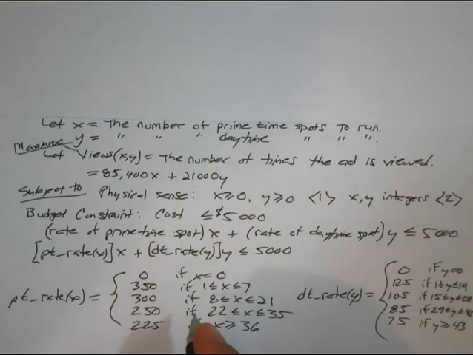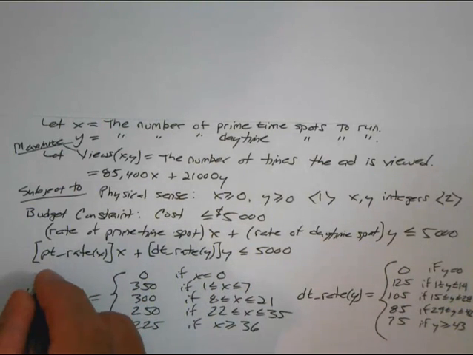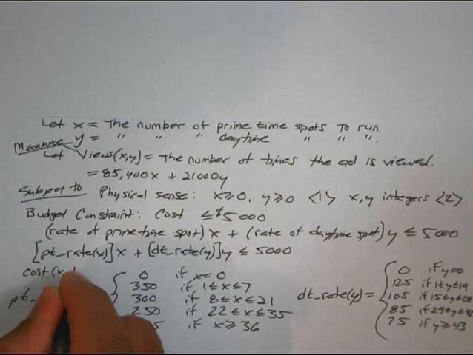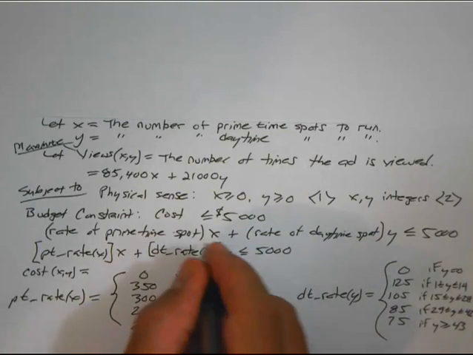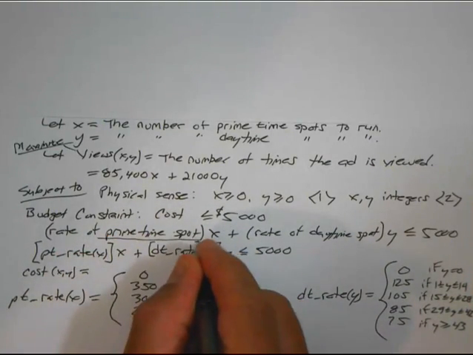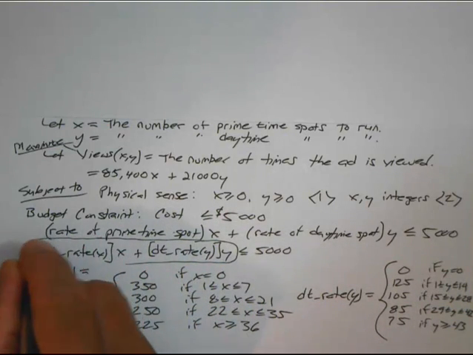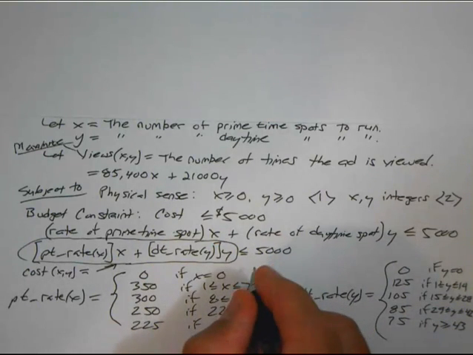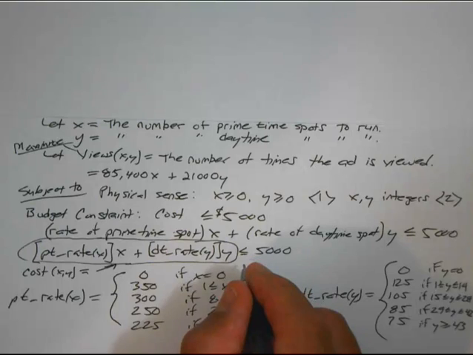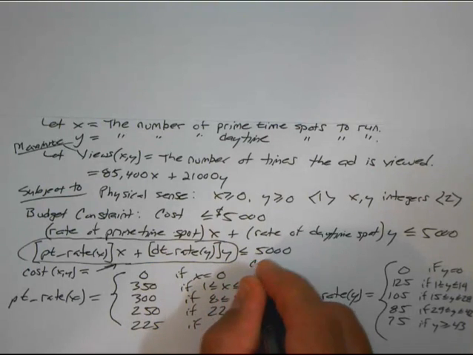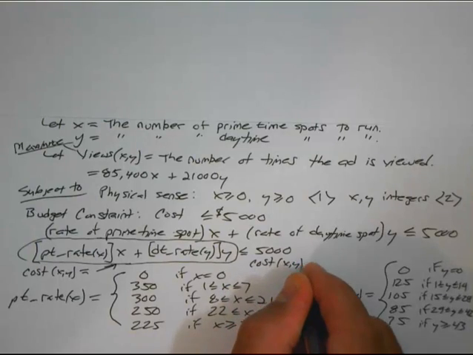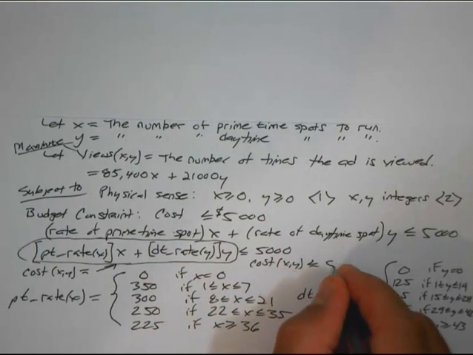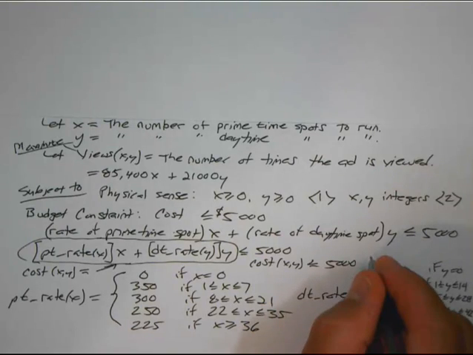So we could go here and say that cost, a function of X and Y, is equal to everything we see here, and so finally that would allow us to write this budget constraint as cost of X, Y less than or equal to 5,000. And we can call that the ultimate version of this constraint and label it as number 3.